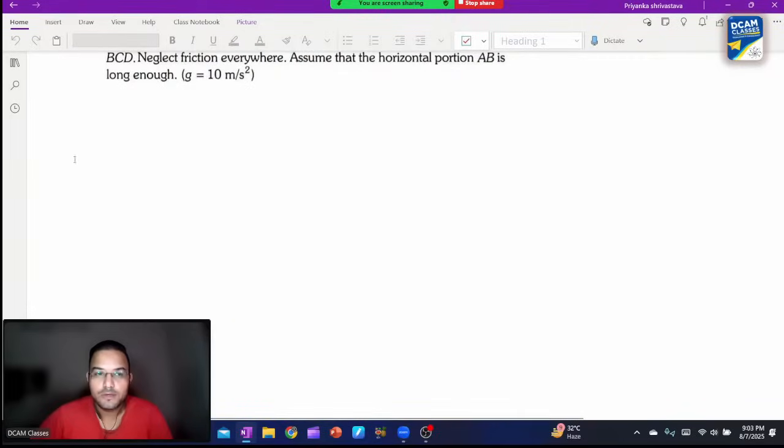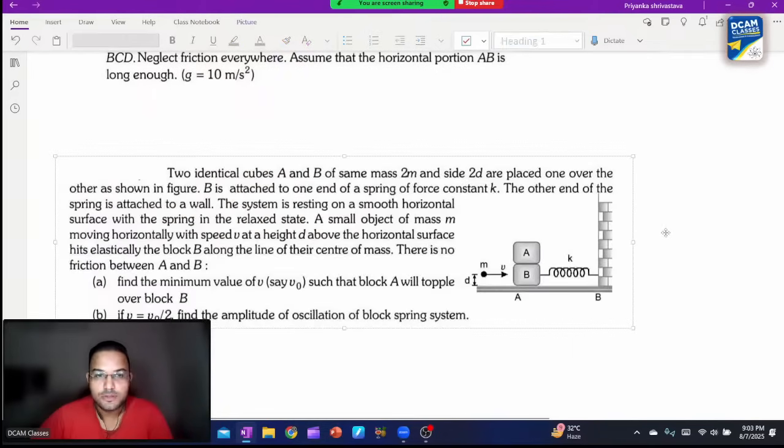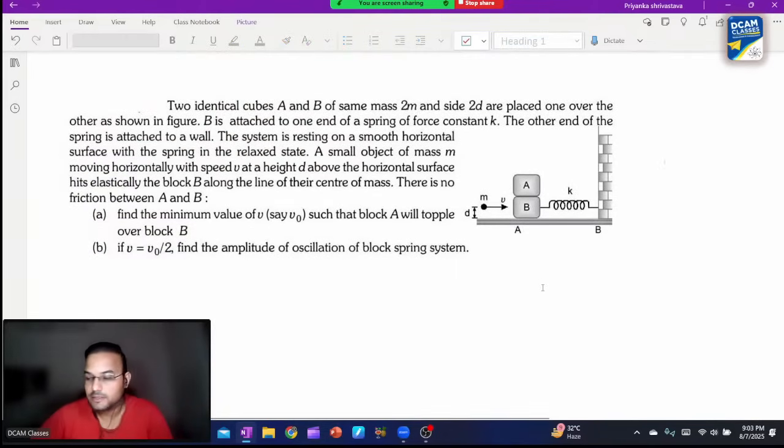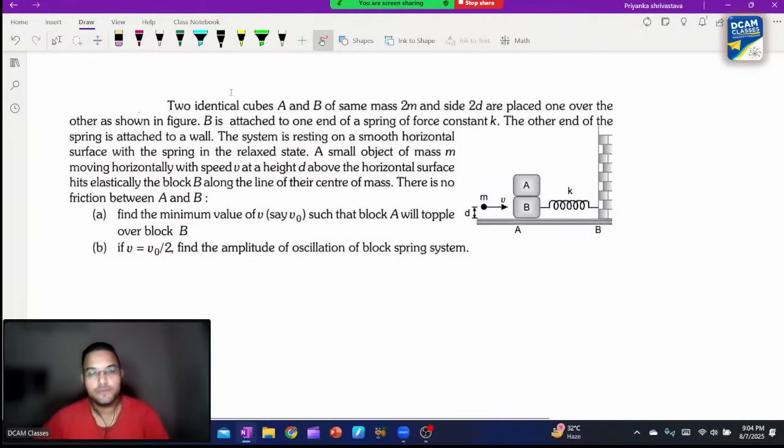Just try to read it now and then tell me whether you're able to understand this or not. It looks like this is a tough question, but it's not. It's very easy. After solving these two questions, we'll start center of mass and rotation.